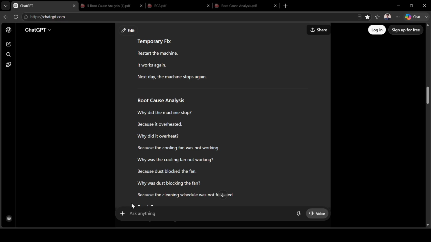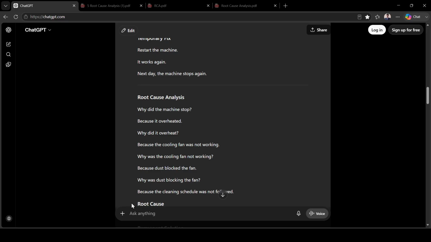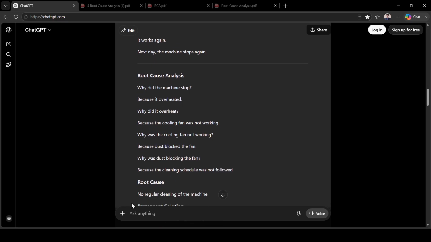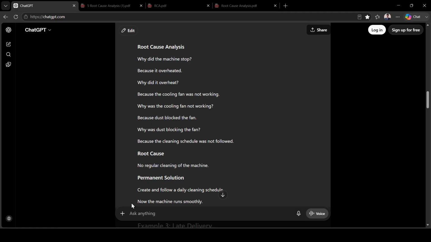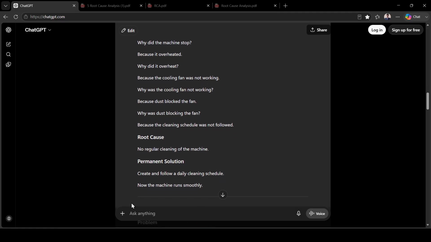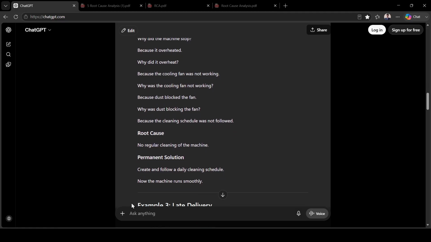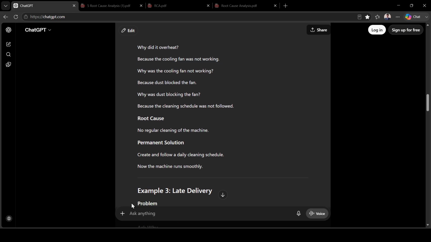Because the cooling fan was not working. Why was the cooling fan not working? Because dust blocked the fan. Why did dust block the fan? Because the cleaning schedule was not followed. Root cause: no regular cleaning of the machine. Permanent solution: create and follow a daily cleaning schedule. Now the machine runs smoothly.